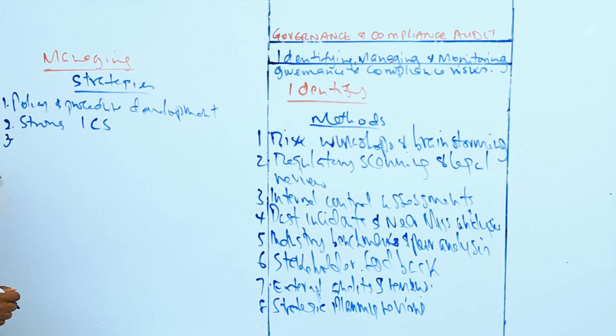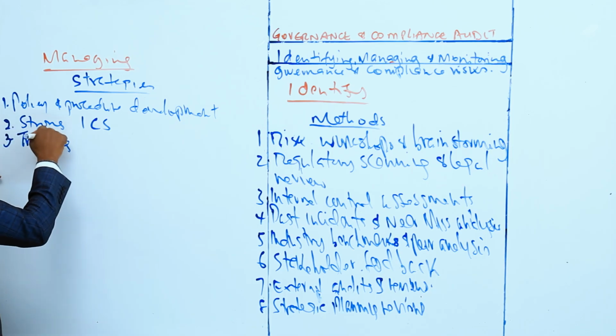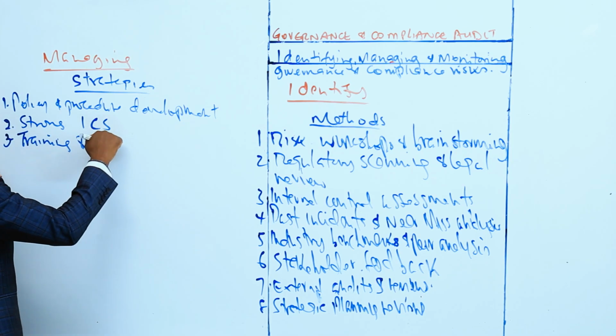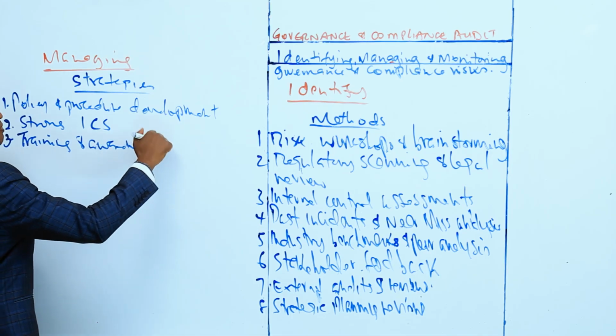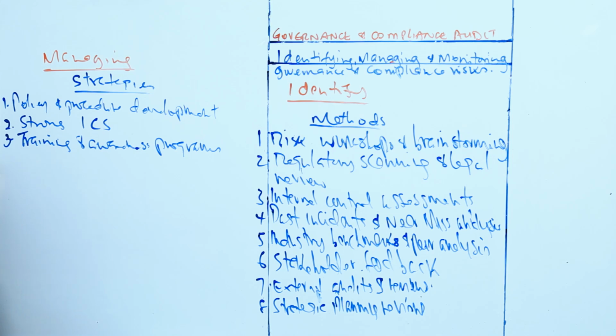The third strategy is training and awareness programs. Having in place training and awareness programs to educate all employees, from the board to frontline staff, on relevant laws, regulations, internal policies, and ethical expectations.